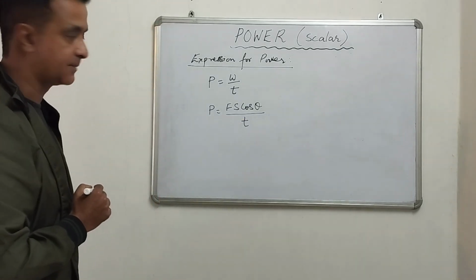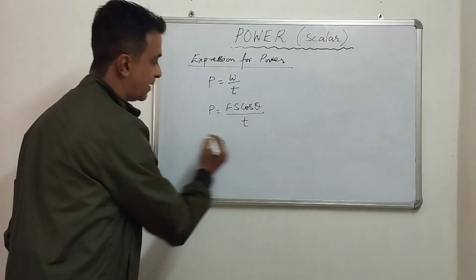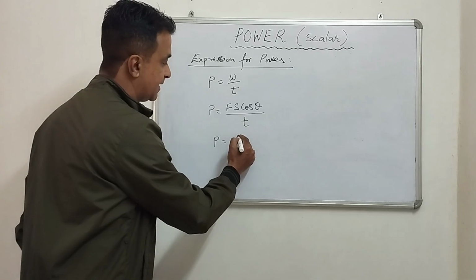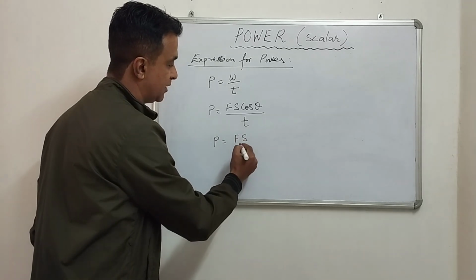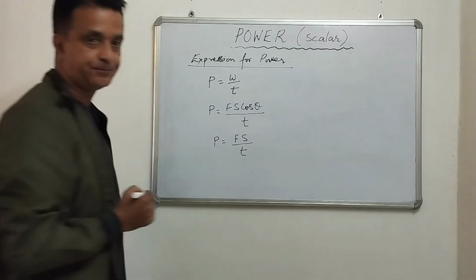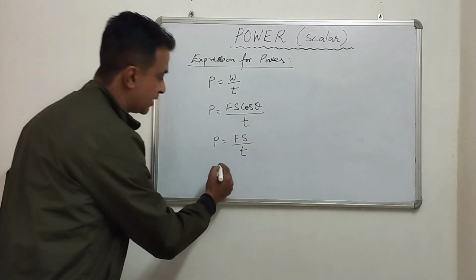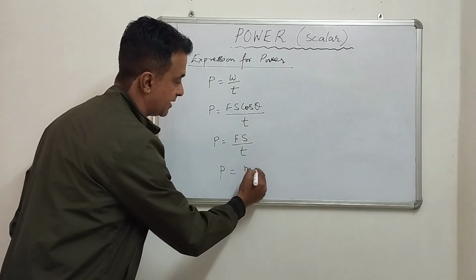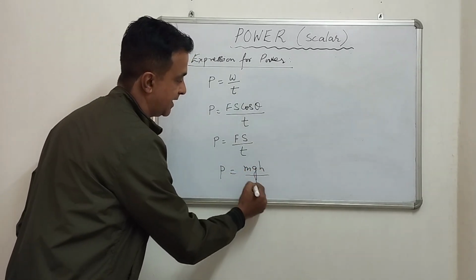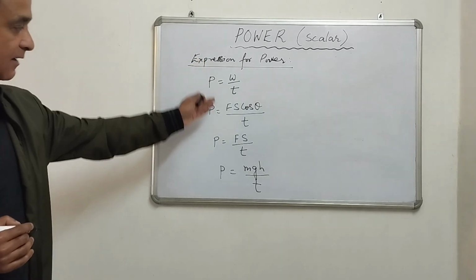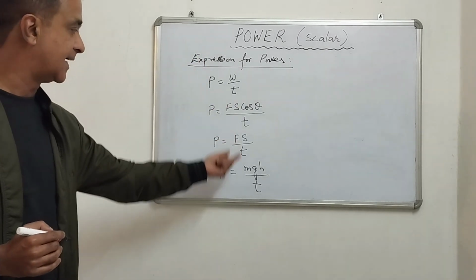This will be our second expression. The third expression for power, if force and displacement are in the same direction, is F into S divided by T. And the fourth expression for power is mgh divided by T. So altogether we see there are 4 expressions, right? Because work is getting involved.